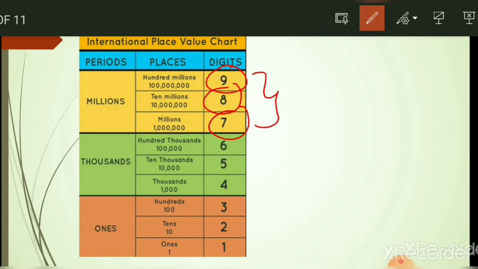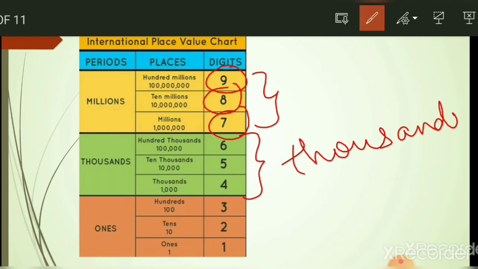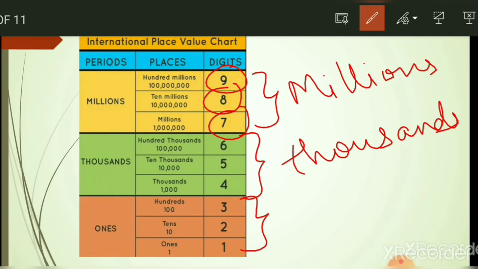Coming to the next period, that is of thousands, again here we have 654 thousand. Here I forgot to write the millions. And next, 321. So I hope this is also easy for you.